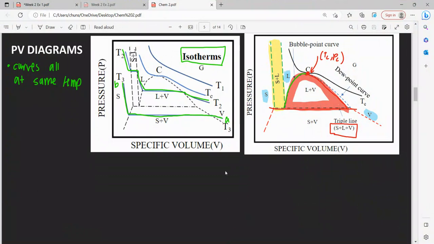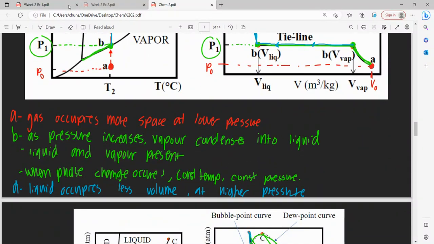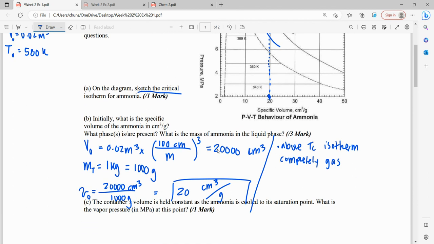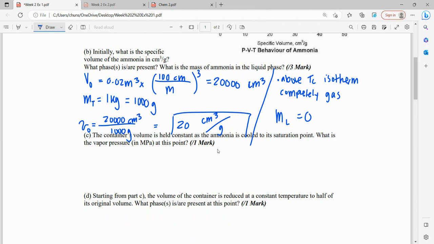So this is above the critical isotherm, so it's completely gas. That means our mass of ammonia in the liquid phase is 0, because there's no liquid present in the gas.